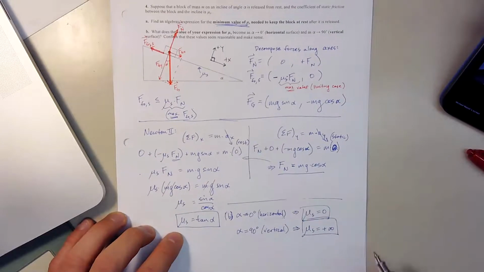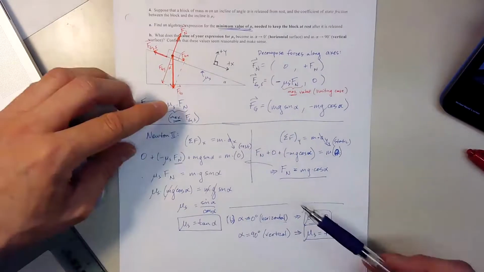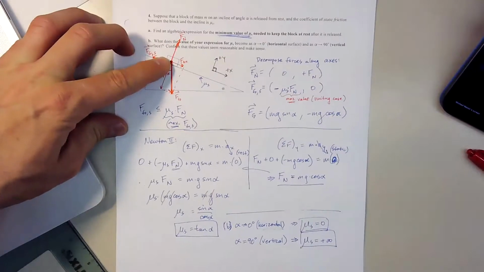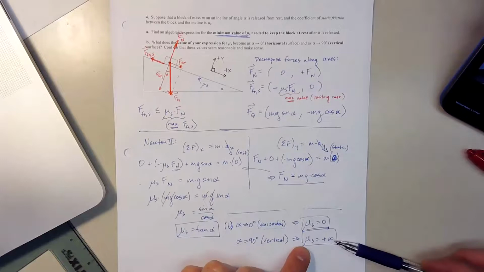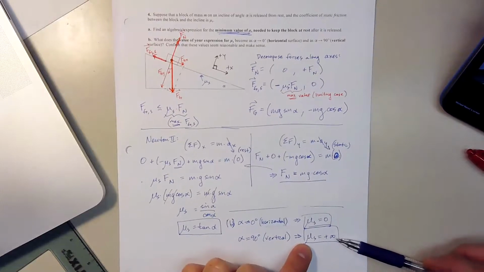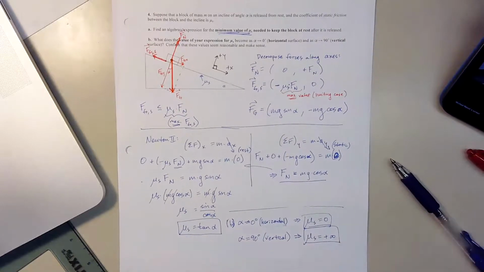So in other words, if you wanted to keep an object from sliding down a vertical wall when you release it, you would have to have infinite grip between the object and the wall. Put another way, you'd have to fasten the object to the wall with glue or a nail or something like that. Okay.